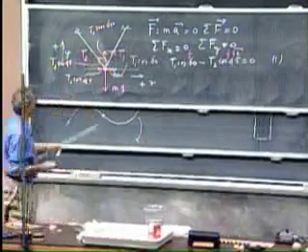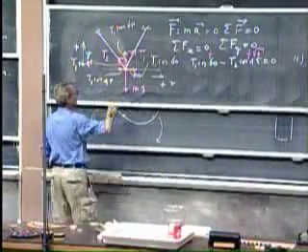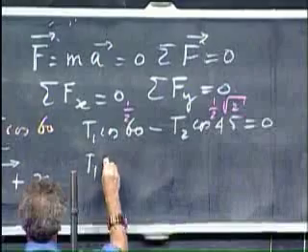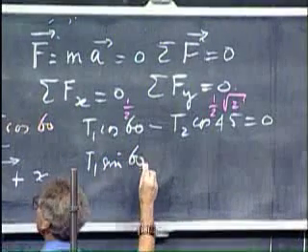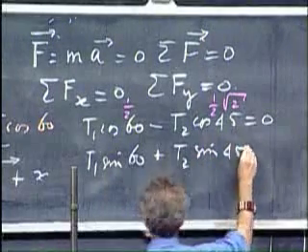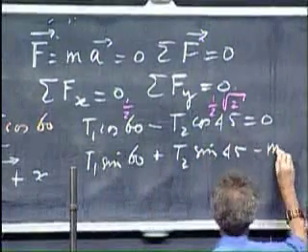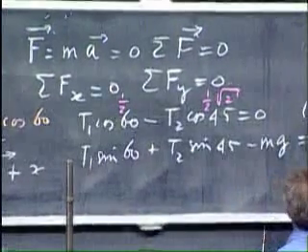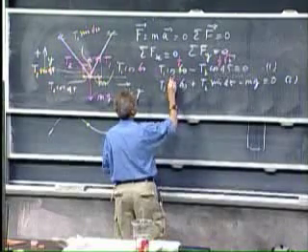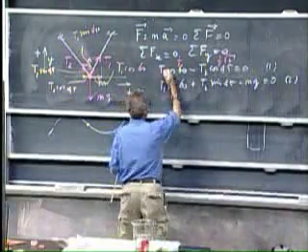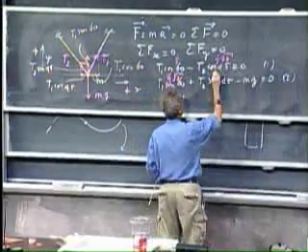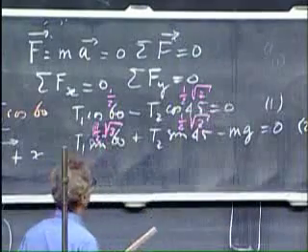Now I go to the y direction. This is plus, this is minus. So we get one component here, which is T1 times the sine of 60 degrees, plus T2 times the sine of 45 degrees, minus mg, which is in the opposite direction, must be 0. That's my second equation. The sine of 60 degrees equals 1/2 square root 3, and the sine of 45 degrees is the same as the cosine, 1/2 square root 2.